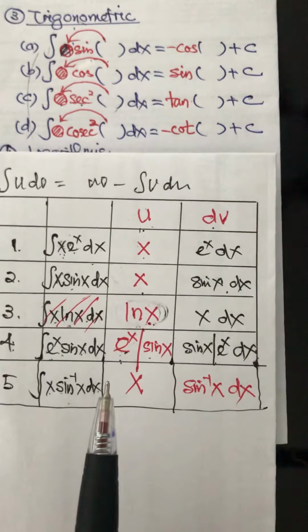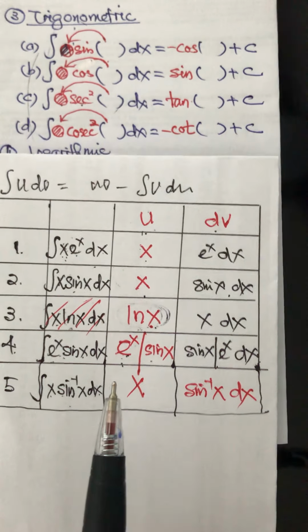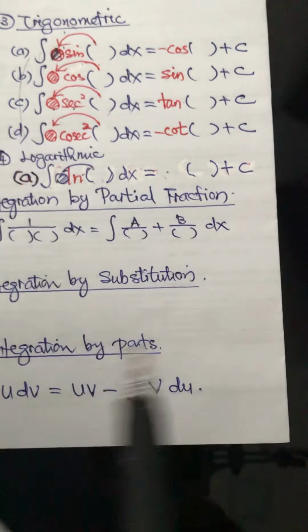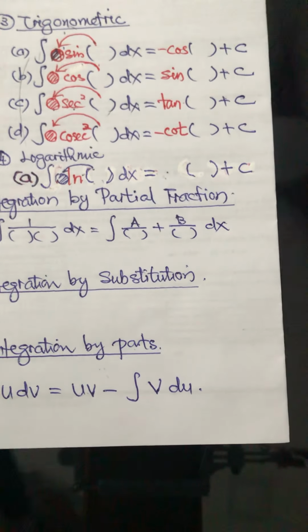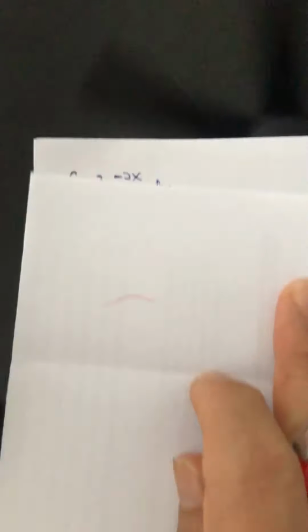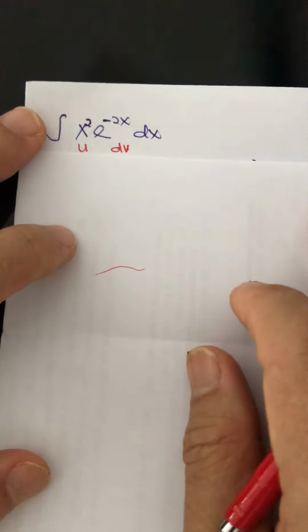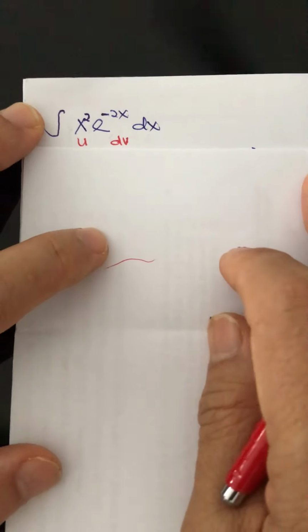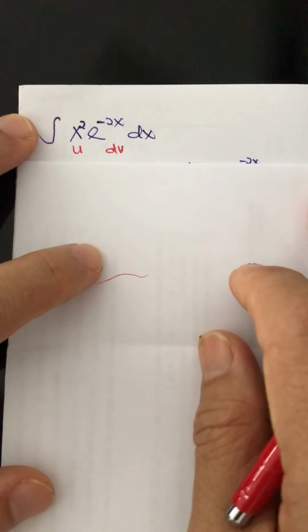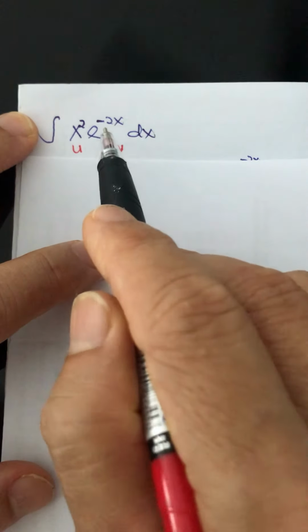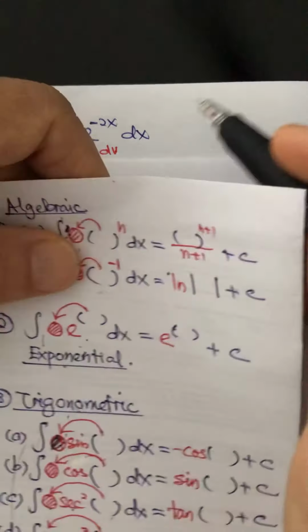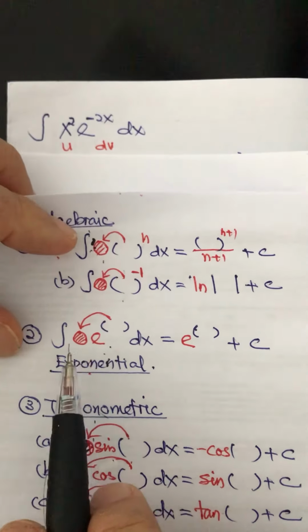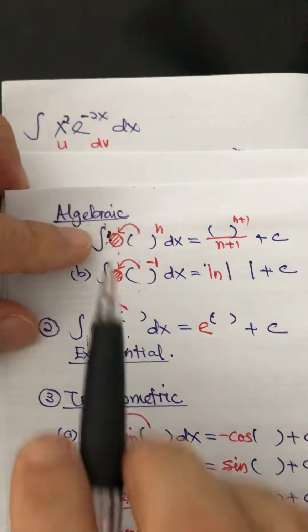Okay. Now you see I'm going to show you this. Sometimes you have to use integration by parts twice. Now I give you two examples where you have to use integration by parts 2 times. Like here, in this case. If I want to integrate using this method, you see cannot.